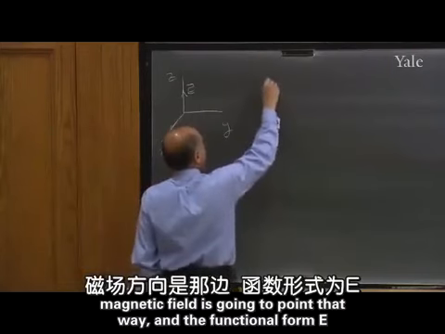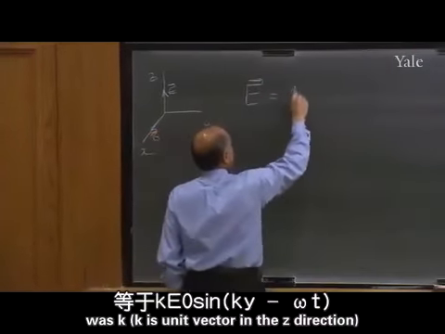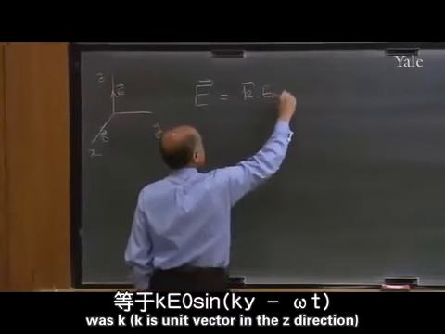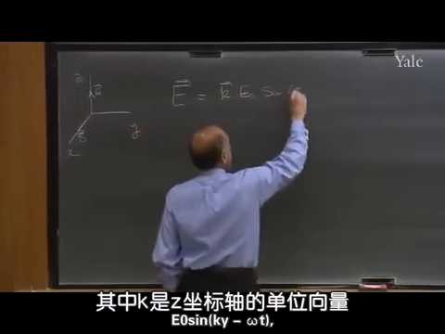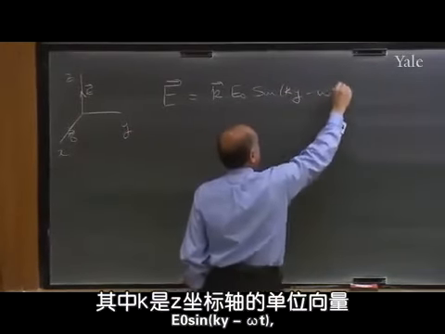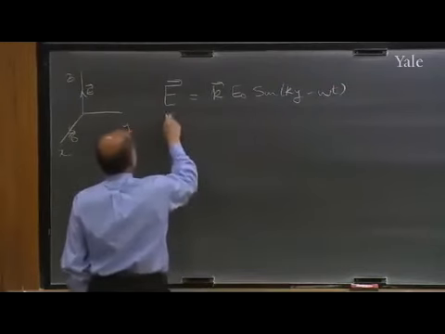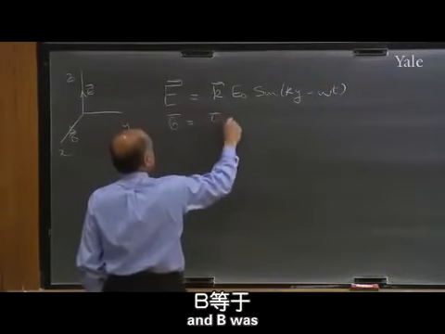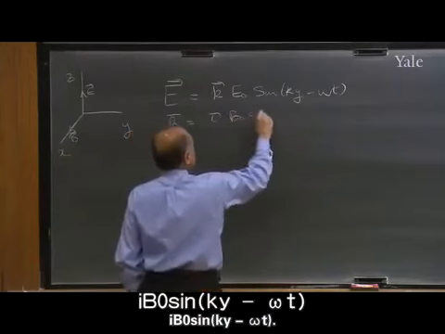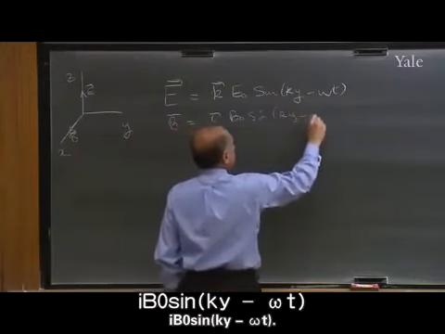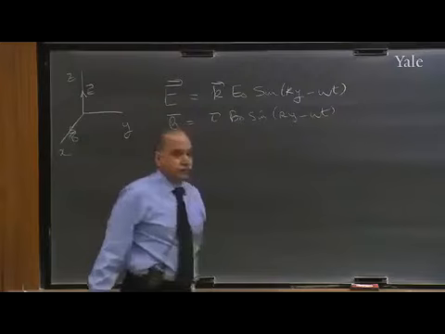And the functional form: E was k, where k is the unit vector in the z direction, times E0 sine of (ky minus omega t). And B was i times B0 sine of (ky minus omega t).